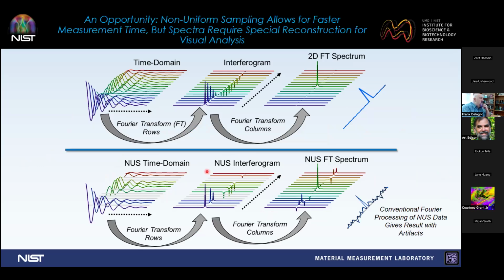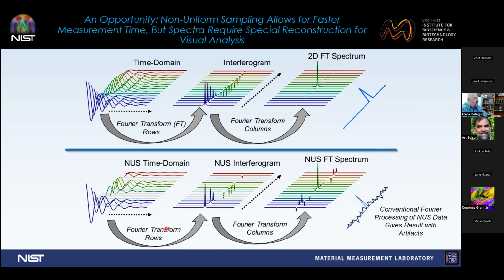Now, here's an interesting aspect of principal component analysis. To generate a two-dimensional data set, we measure a bunch of time domain data, one-dimensional data sets. We Fourier transform all the rows of these, and that generates an interferogram. Then we Fourier transform all the columns of this, and that generates our 2D spectrum. In NMR, we have a method for reducing measurement time by skipping over some fraction of these 1D measurements that we make.